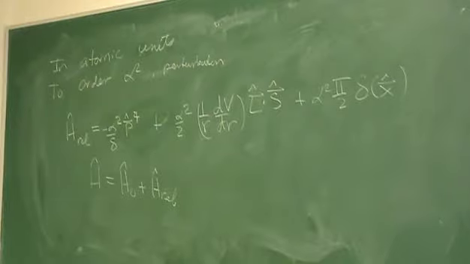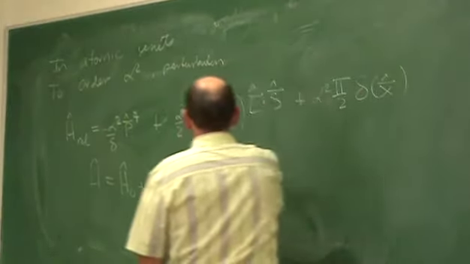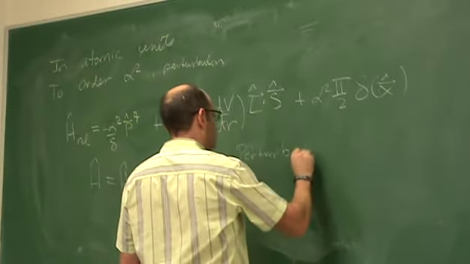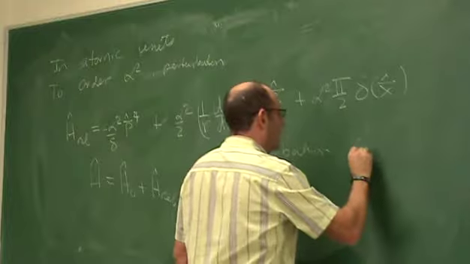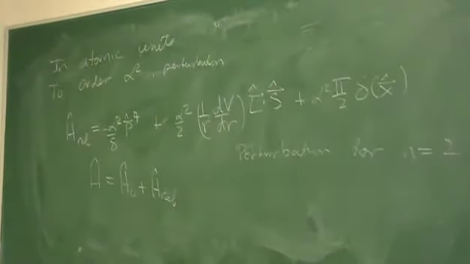So let's look at the first excited state of hydrogen. Let's look at the perturbation for n equals 2. Now, in our description of hydrogen up to this point, we have ignored the spin of the electron, although it's there.